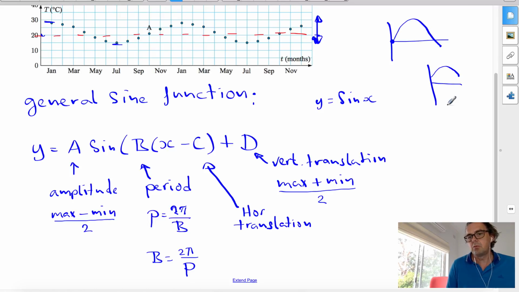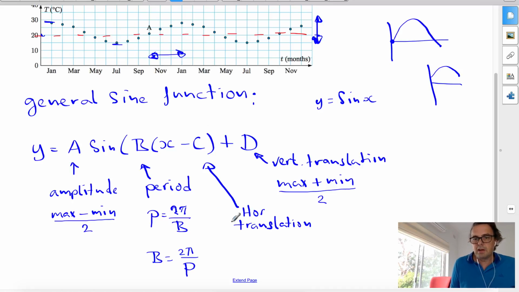Not quite at 0. So we translate the data, we shift it horizontally. A horizontal shift. And to find the horizontal shift, that's the trickiest part, because we basically just have to identify where the graph starts, where it goes through the principal axis.